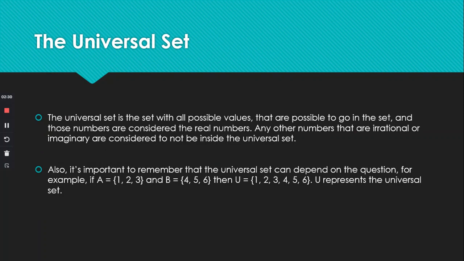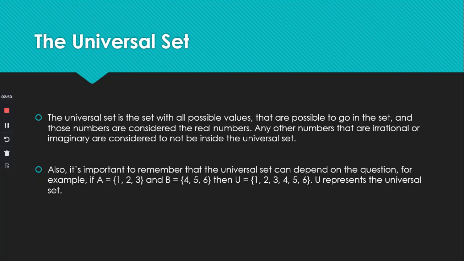The universal set. The universal set is the set with all possible values that are possible to go in the set. And those numbers are considered as the real numbers. Now the real numbers are decimals, fractions, and normal numbers as well.